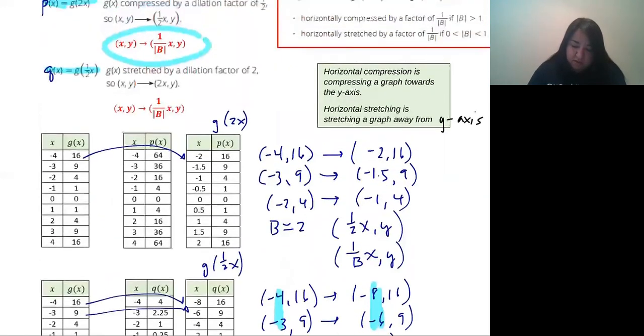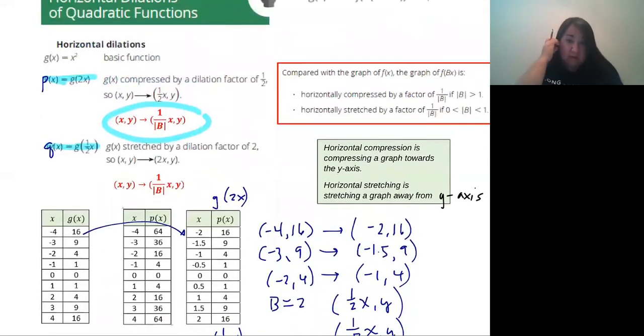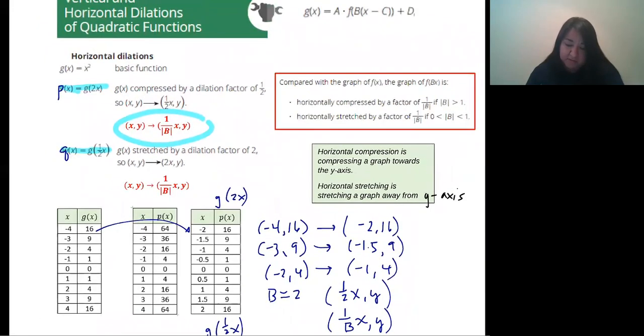Just pay attention here in the red box that when you're horizontally compressing by a factor of 1 over b, so when your b is larger, like 2, which is greater than 1, you're actually multiplying by 1 over b, and I am horizontally compressing, which means I'm compressing this way and that makes my graph narrower. If I have a value 1 over b where b is between 0 and 1, like 1/2, I'm doing 1 over 1/2, which is 2, and I'm actually horizontally stretching, which is widening my graph out.